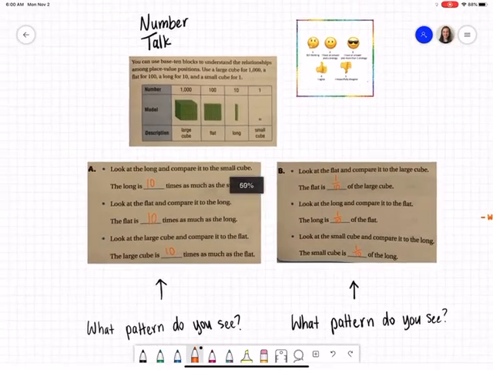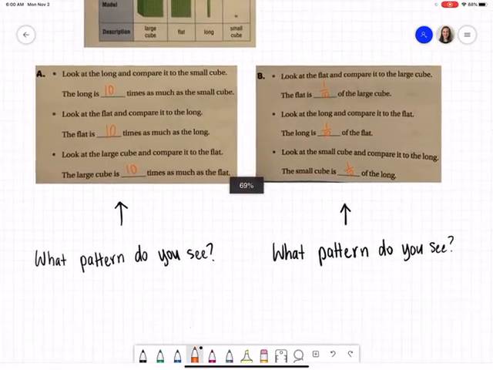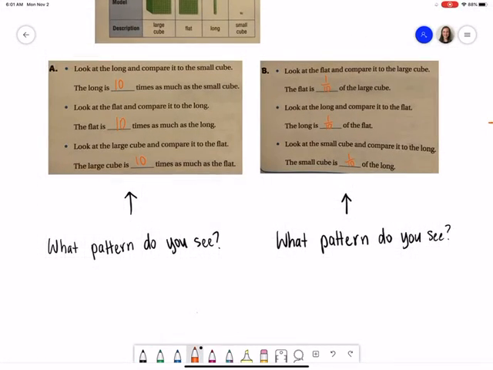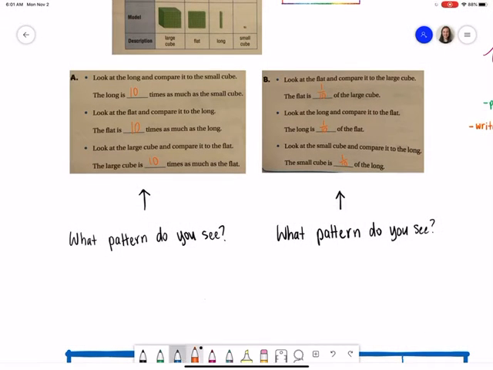Now let's talk about the pattern. What pattern do you see here? You might have said that as we go up, as we go this direction, it is 10 times. As we move from small cube to long cube, long to flat, and flat to large cube, each time it goes up by 10.